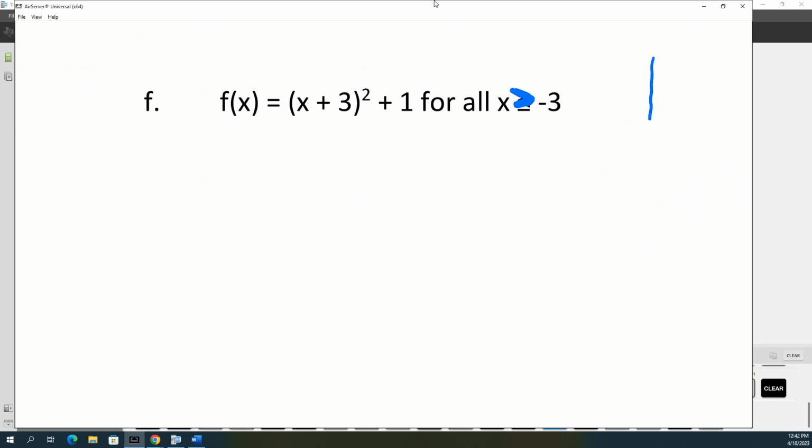So this is half of a parabola, really. It looks like that. Or this is -3. All right, so we'll switch x and y.